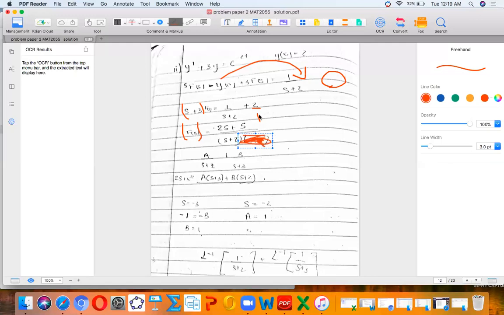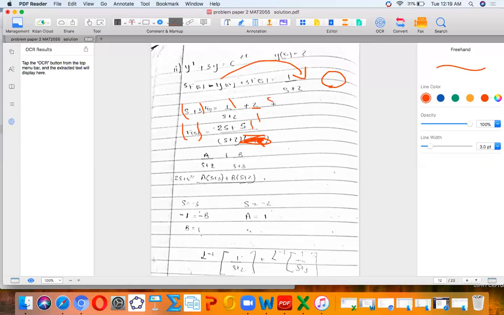So the LCM of s plus 2 and 1 is s plus 2. Then I say s plus 2 into s plus 2 goes 1 times. 1 times this one that we have in the numerator gives you just 1. So I can put a 1 here. And then you have 1 into s plus 2, gives you s plus 2.